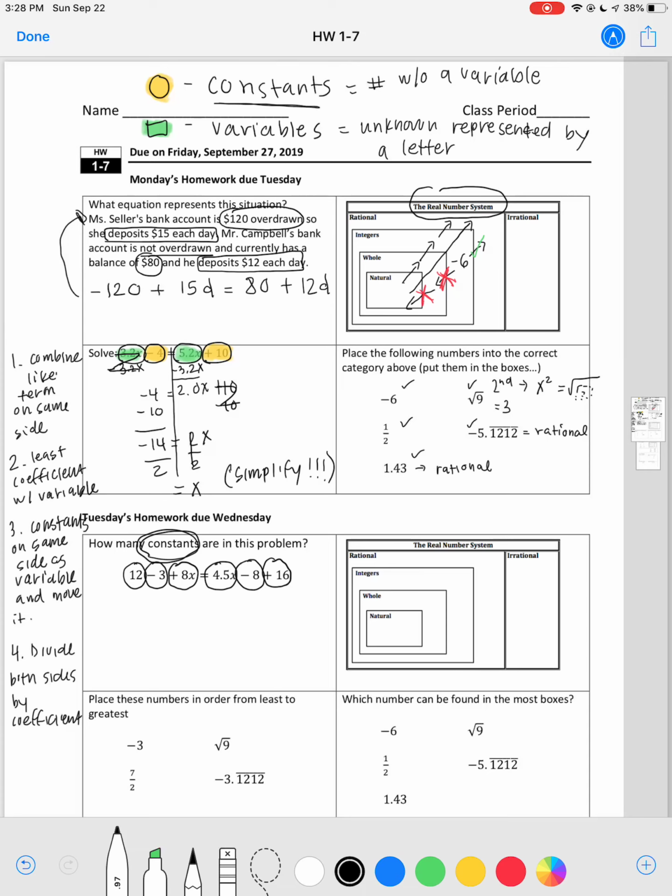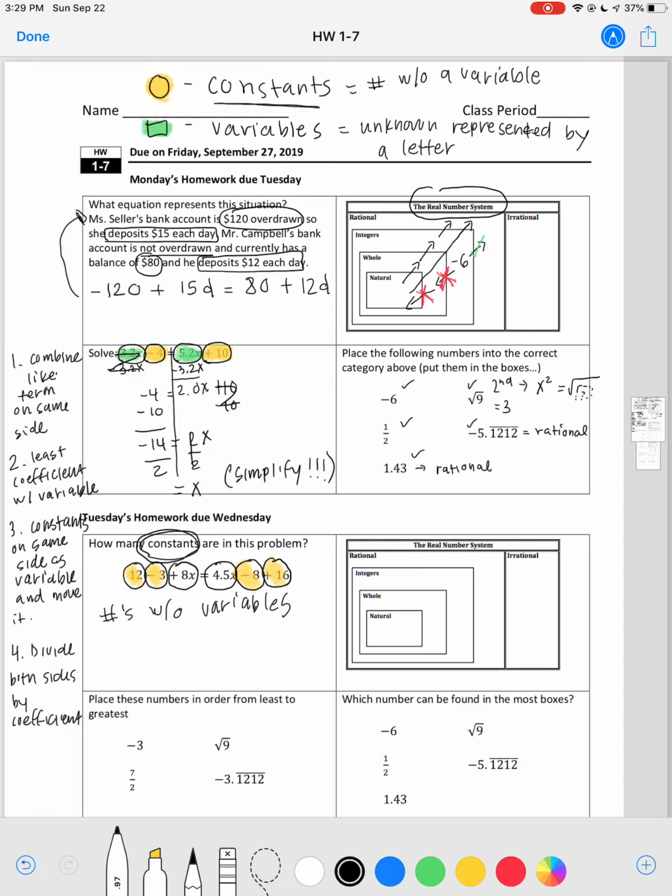I'm going to do a little bit of highlighting, remembering that our constants are in yellow. And we can see that constants are numbers without variables.